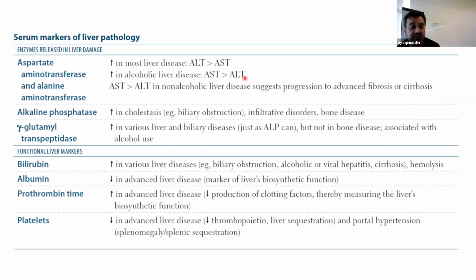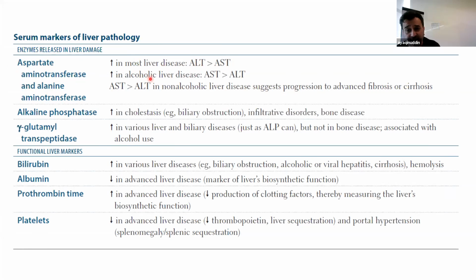Now, there are markers which you can use to look at liver disease. You have enzymes like aspartate aminotransferase, which is the AST, and alanine aminotransferase, which is the ALT. In most diseases of the liver where there is inflammation, ALT is more than AST.